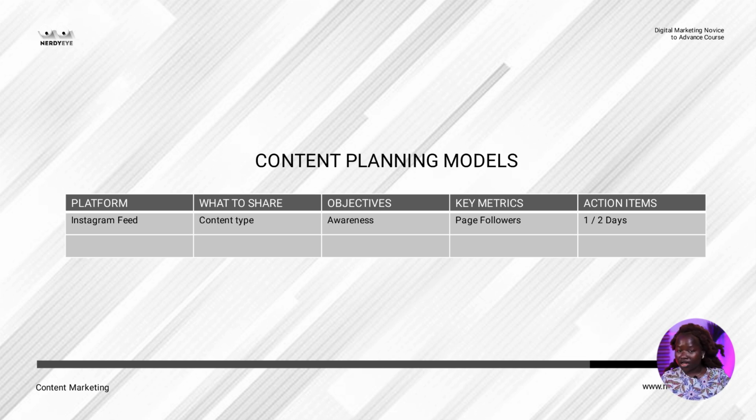Your objective could be to create awareness or to generate leads. Your key metrics could be the increase in your page followers or how much sales you've made. And your action items could be how many times you want to post the same content. For example, you can post an educational content once in 2 days.